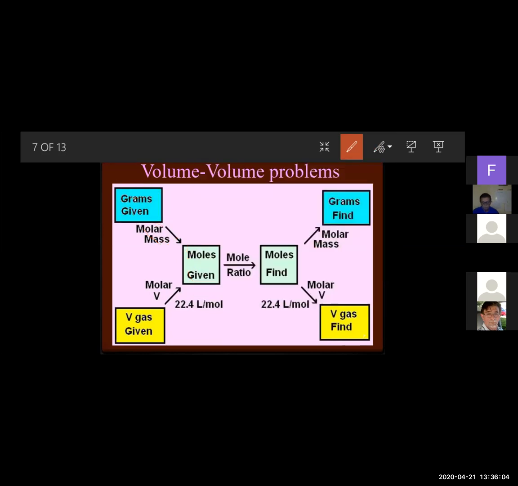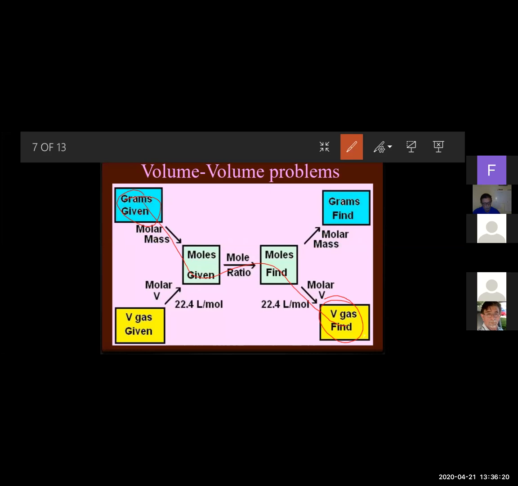Okay. Now, sometimes we can go from here, grams given, all the way down to volume of gas in that direction. If you're at STP, remember that.